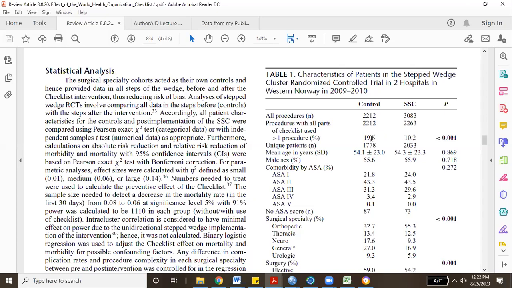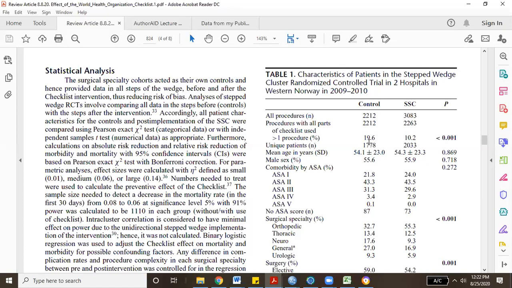As you can see, it shows that there were more surgical procedures undertaken amongst those that didn't have the treatment intervention compared to those that had the treatment intervention. Almost 9 times increase in terms of the number of procedures.